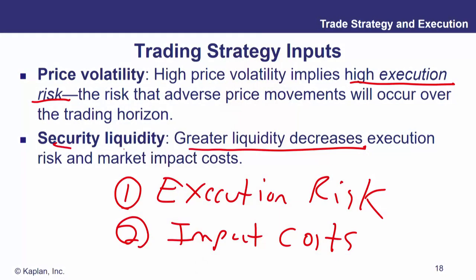We talked about security liquidity. If there's greater liquidity, well, it should lower execution risk, and it should also lower this impact cost of market trades. So again, always take a step back sometimes and don't get so caught up in the minutia.